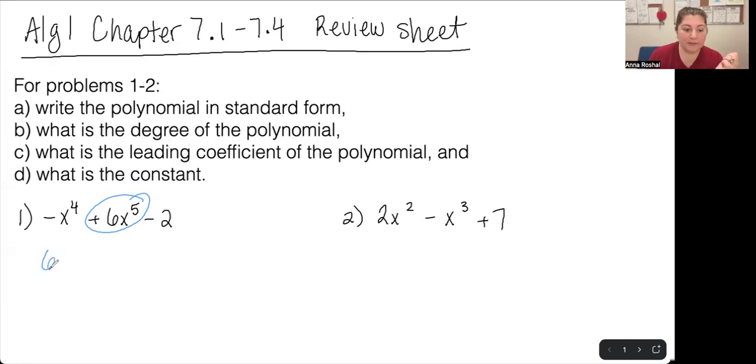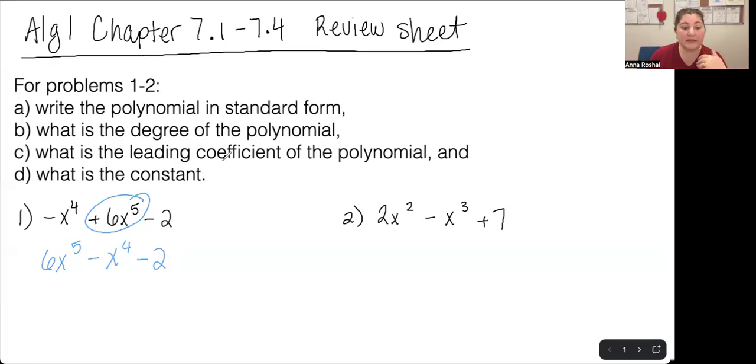So I'm going to end up with 6x to the 5th minus x to the 4th minus 2. And all of my exponents are going in descending order. It doesn't matter if my coefficients are going in descending order, the exponents are what's key. So now I've got 5, 4, and 1.